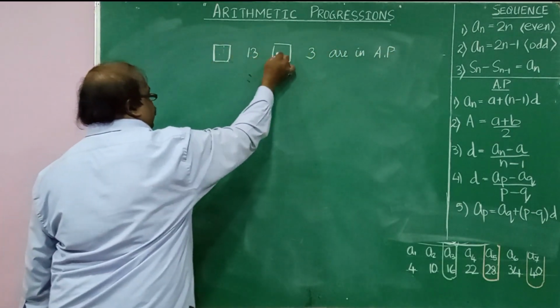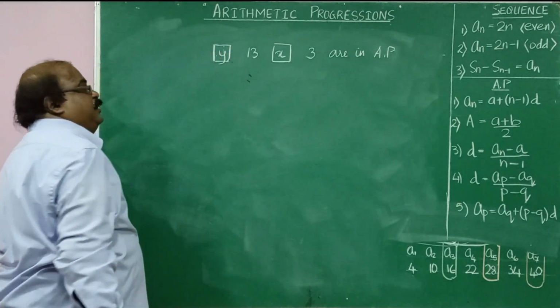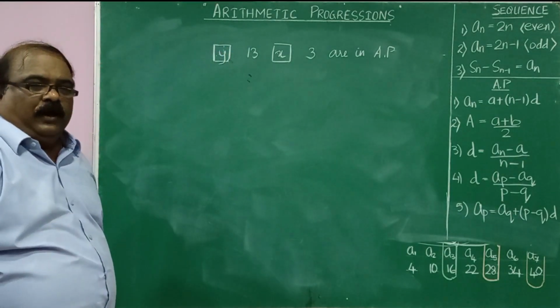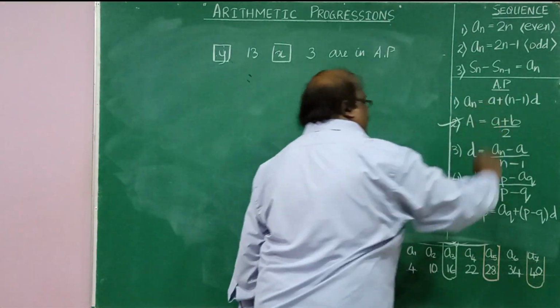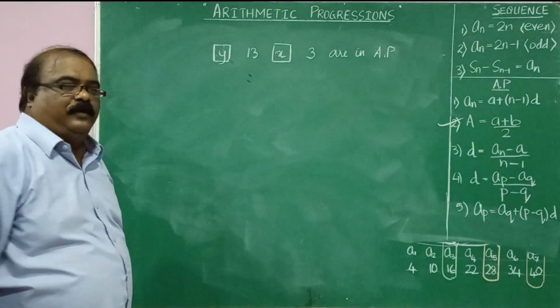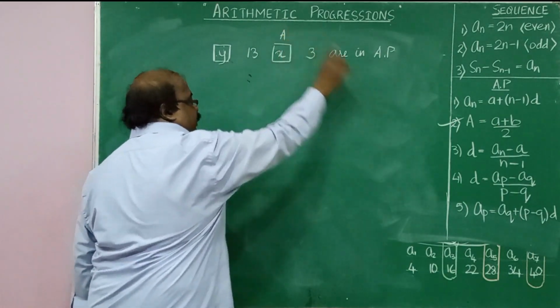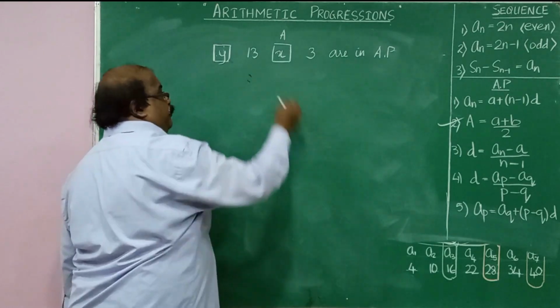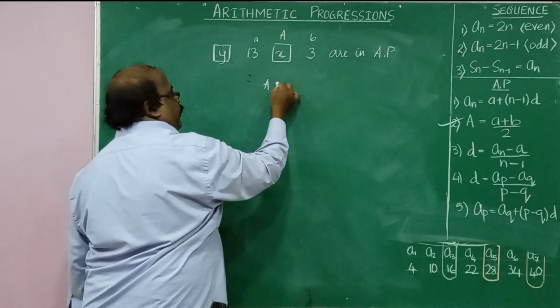Once again, I am asking you to find out these two. Let's assume this as x and let's assume this as y. Let me first find out x. This time let me use the arithmetic progression formula. Whenever three terms are in arithmetic progression, the middle term acts as the arithmetic mean between the side two terms. So what is a?